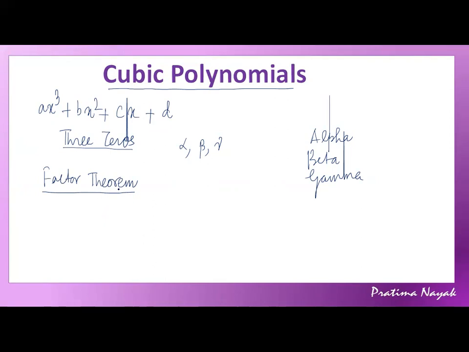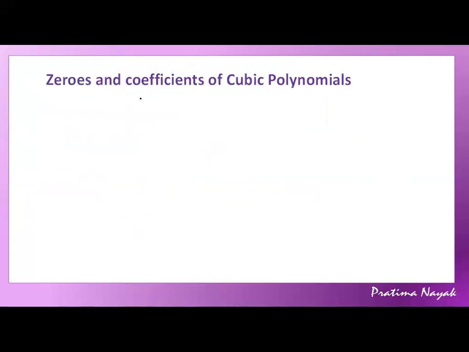Then we get a quadratic polynomial and we split the middle term to get the values. So when the question will come, we'll solve it. For the time being, I'm getting only the relation between zeros and coefficients.